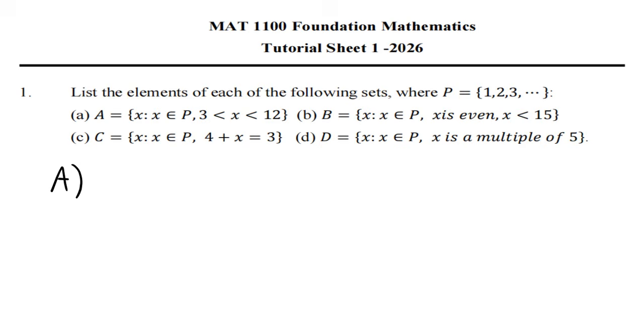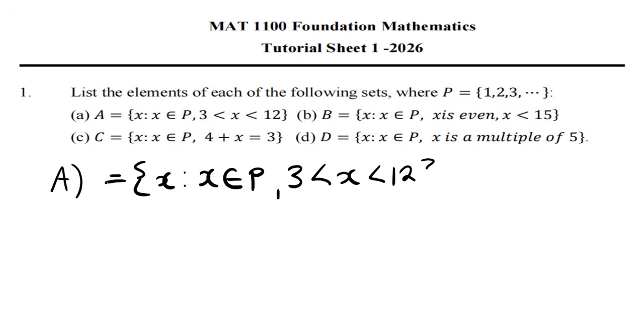For A, we are told that X is such that X is a member of P, and X is greater than 3 but less than 12. How are we going to solve this? If we look at P, we've got 1, 2, 3 and it goes like that. These are positive integers, so P is a set of positive integers.